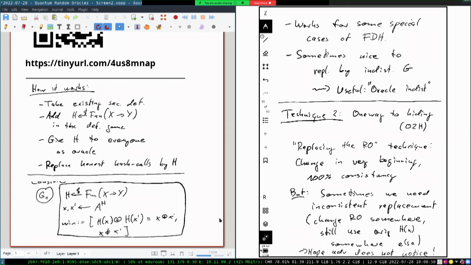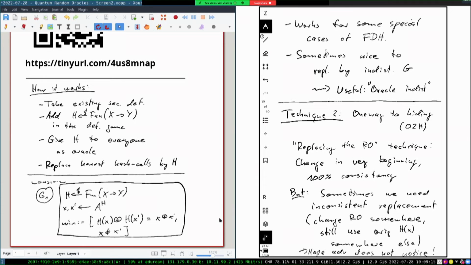Classically, we can do these things relatively easily because you can keep track of the queries, so you can tell whether the adversary gets both values or not. If the adversary doesn't get both values, which you need to prove, of course, but if you can prove that a certain query hasn't been made, then you know everything is fine.